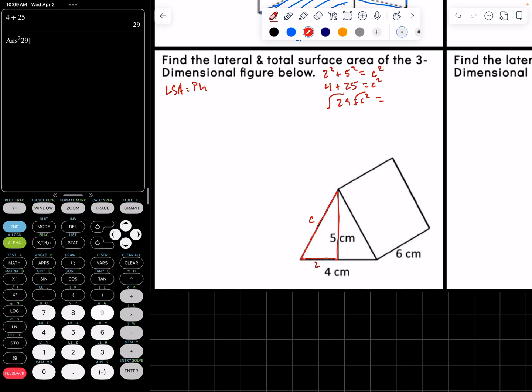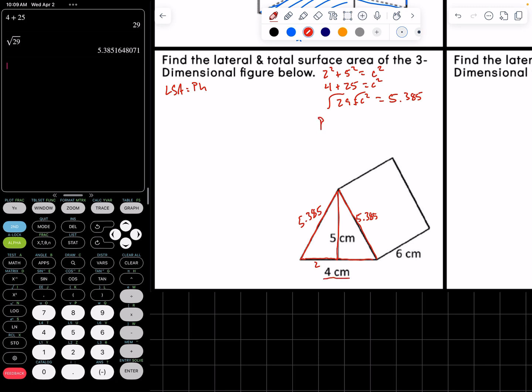Square root of 29 equals 5.385. So when I'm solving for my perimeter, I'm going to sub out that c. I'm going to put a 5.385, 5.385, and that's going to complete my perimeter with that 4.